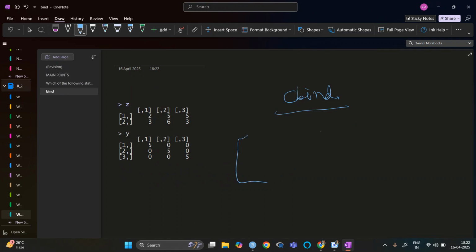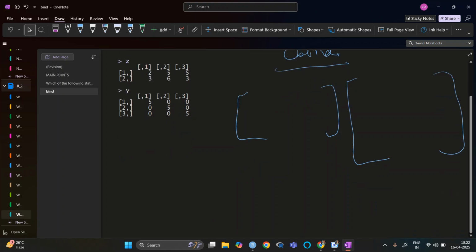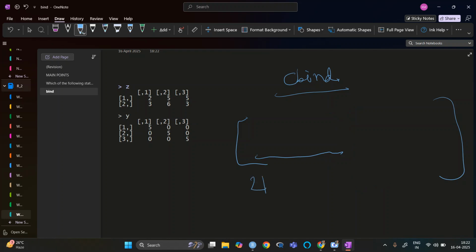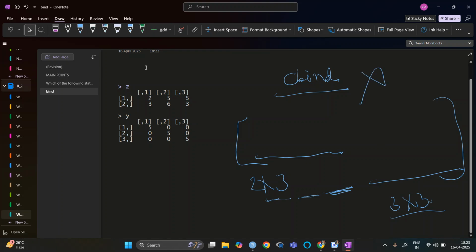It binds this with this. So now, you cannot do this because here you have 2 by 3, here you have 3 by 3. So what will be the values of this? You do not have these three values, so that is why the cbind function cannot work here.